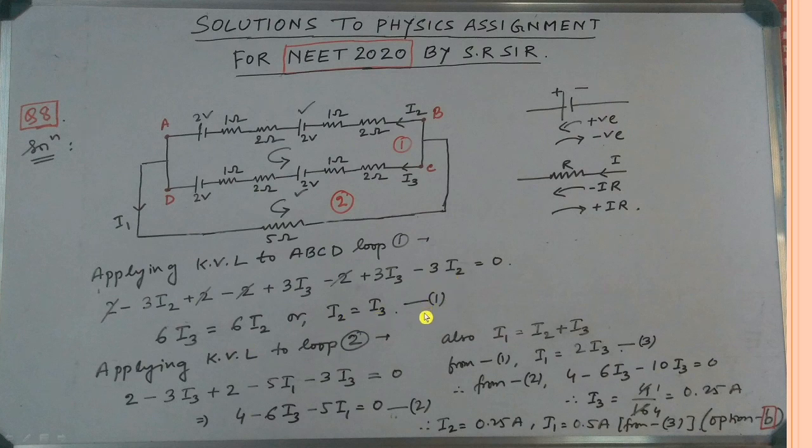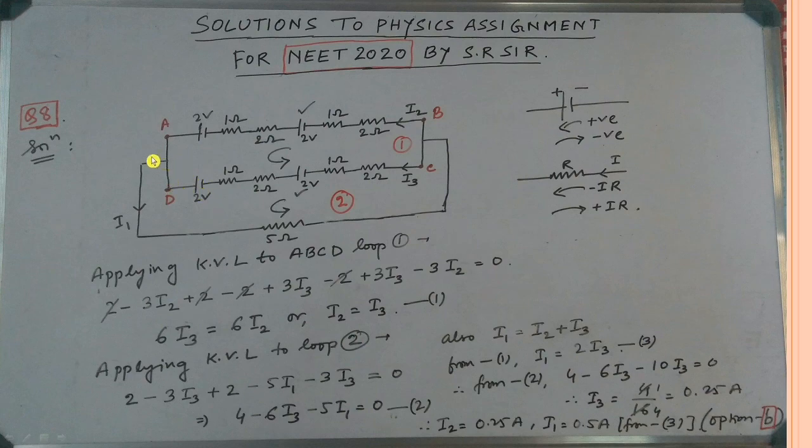This is equation 1. Similarly, we apply Kirchhoff's voltage law in loop 2, in this loop. We start with this 2 volt, negative to positive, so plus 2. We are going with the current I3, so 2 plus 1 gives me minus 3 I3. From negative to positive gives me plus 2.